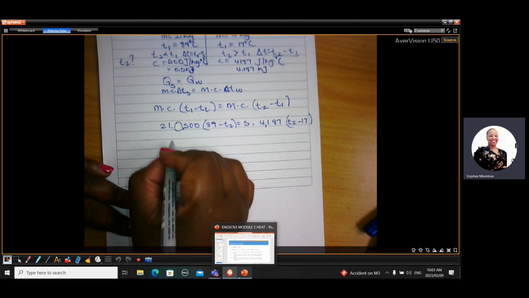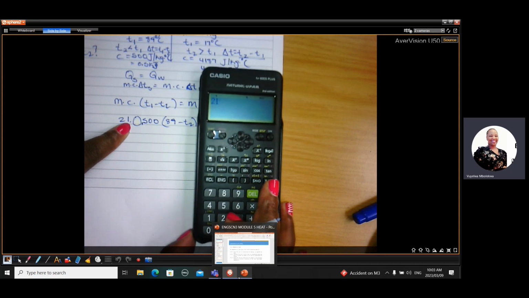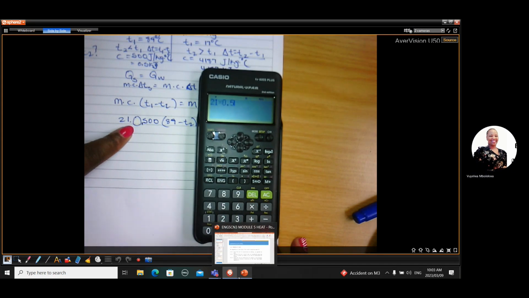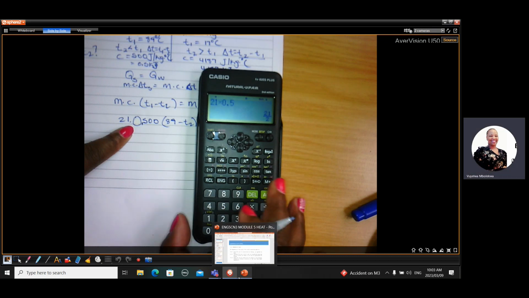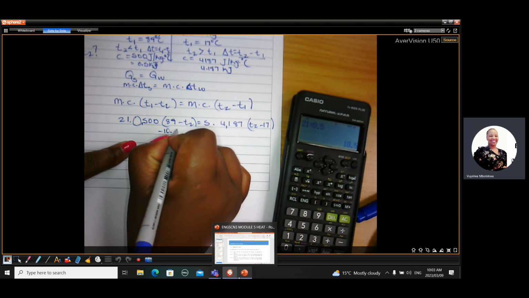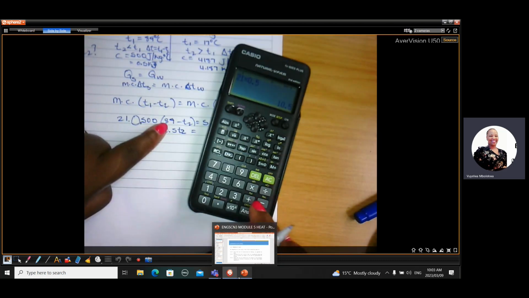Okay. And then let's do the mathematics. So this side we have 21 times 0.5. It gives us 10.5. So it's minus 10.5 T2. You just do your math, your own method.